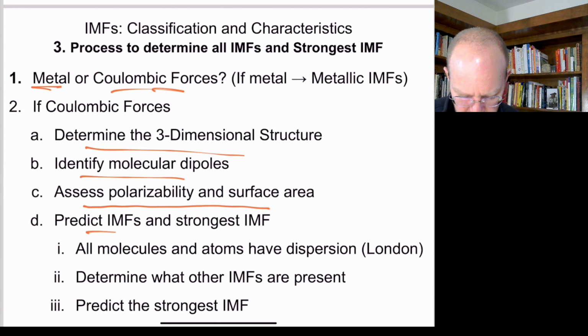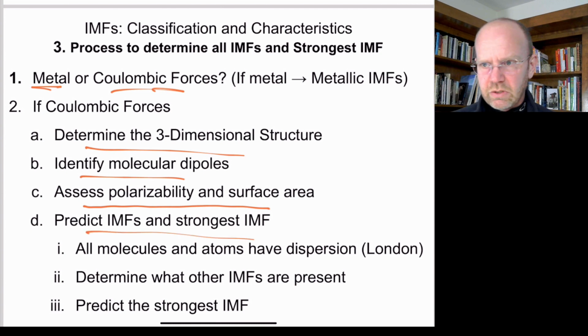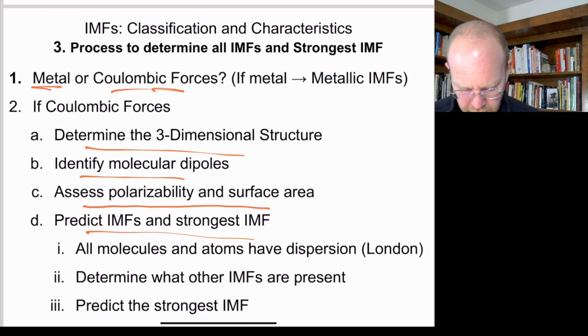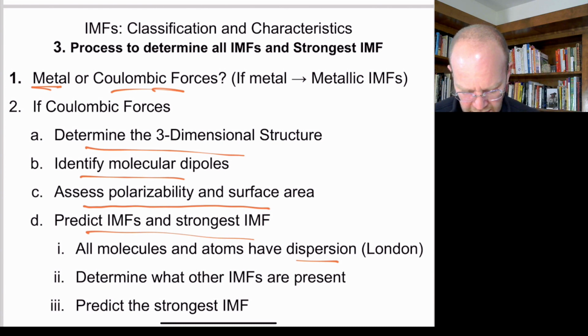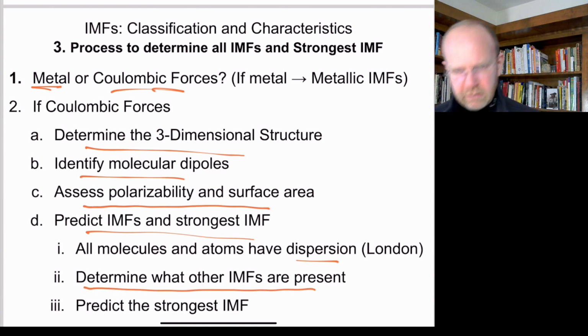And then what you're going to do is predict all the intermolecular forces that are at play and then try to figure out which is the strongest one. You can start out and rest assured that all molecules have dispersion forces. Regardless of the presence of poles or anything else, everything has the dispersion force. So you can say, check, it has a dispersion force. But that's going to be relatively weak compared to some of the other ones. And then what you have to do is determine what other intermolecular forces are present.